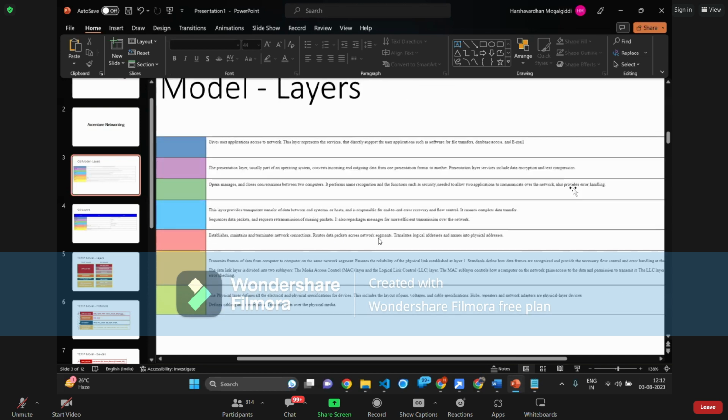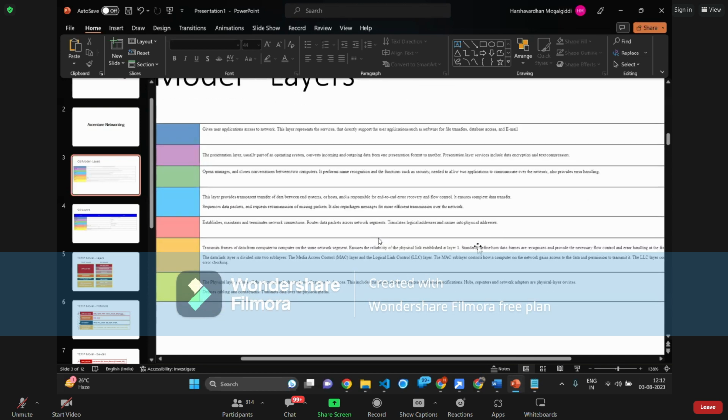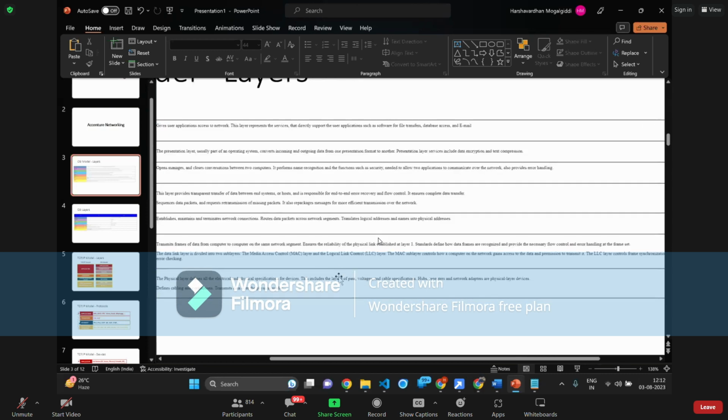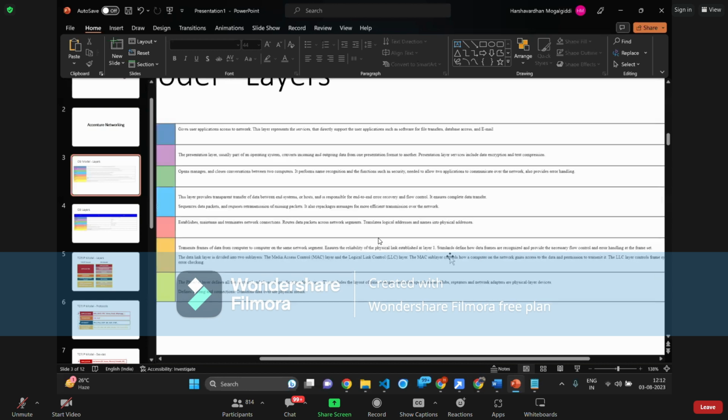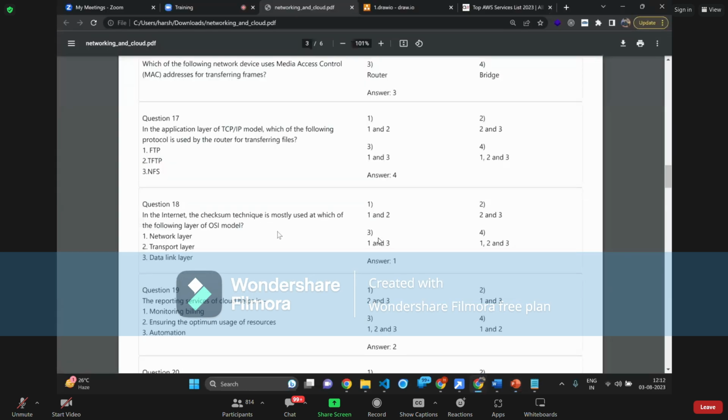See, error handling, where else do I have error handling? Error handling here also. So for all this error handling, different techniques are used, and it is generally used at your network layer and transport layer.